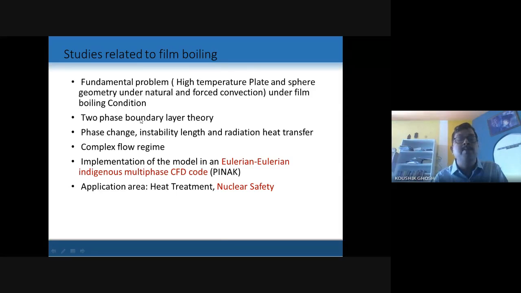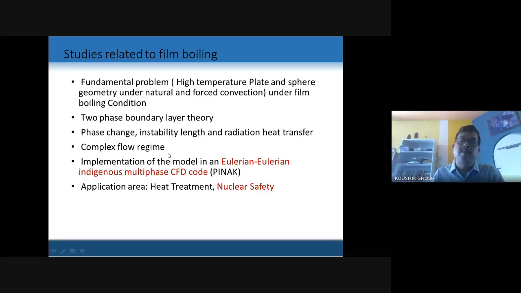It is made of a two-phase boundary layer, and it is a very complex problem because there is involvement of phase change. There are several instabilities due to the complex liquid-vapor interface. There may be radiation heat transfer and convective heat transfer, and the phase change effect is there, and it may consist of a complex flow regime.